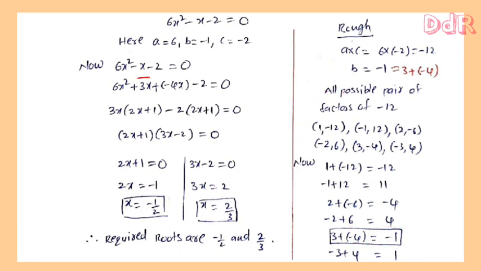Now the middle term minus x is expressed as a sum of the other two terms, which are 3x and minus 4x. Now what happened here? From the first two terms, what is common? Yes, 3x is common. So 3x bracket of 2x plus 1. Next two terms, what is common?